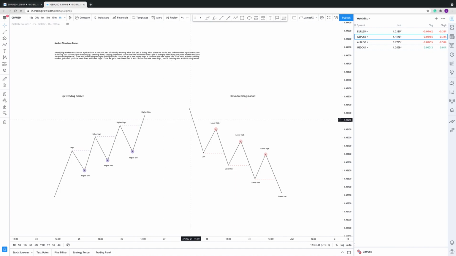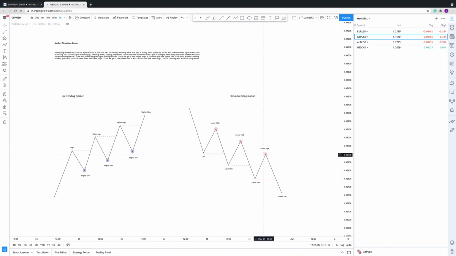So we will get a low, a pullback, and this lower high is not confirmed until price breaks this low here. Okay, so we get a break below, which confirms the lower high, lower low, pullback, lower low, confirming the lower high.